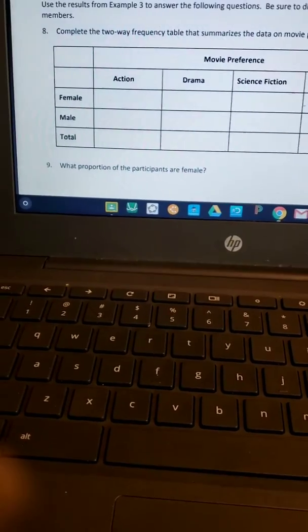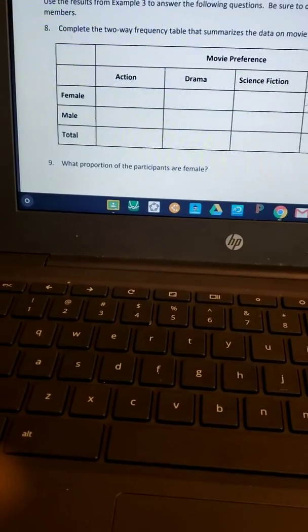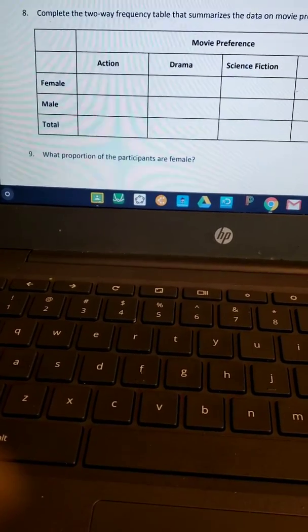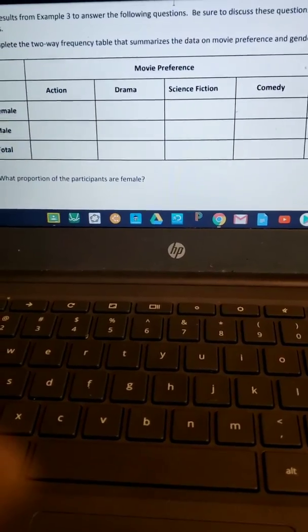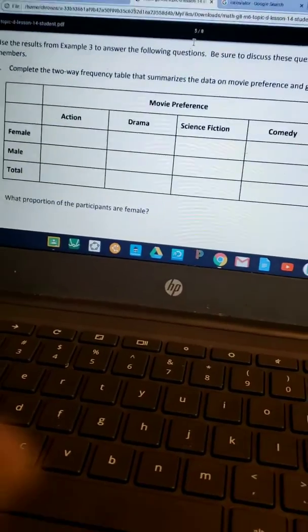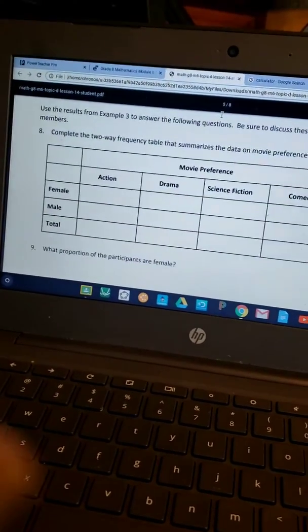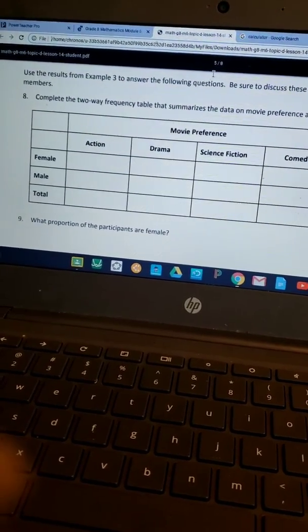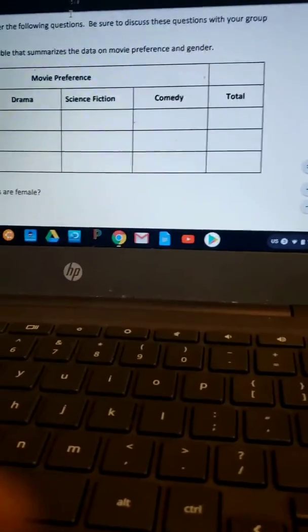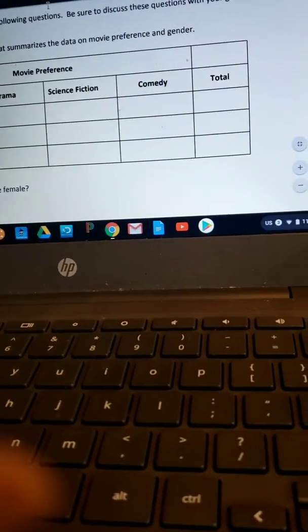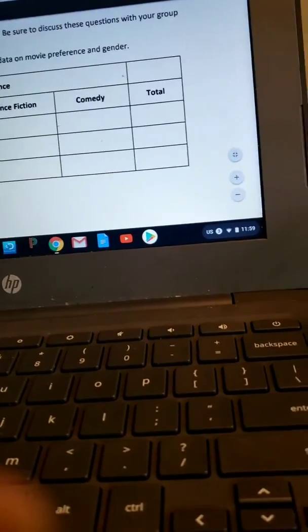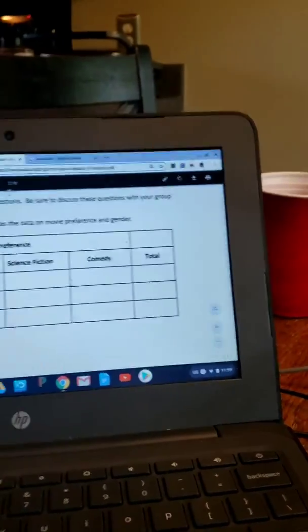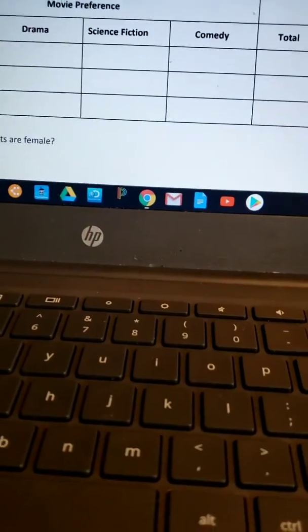It says, what proportion of the participants are female? All right, so let's look at how many females we said we had, okay? So when I look at the chart, I noticed that I had a total of 240 total females. Okay.